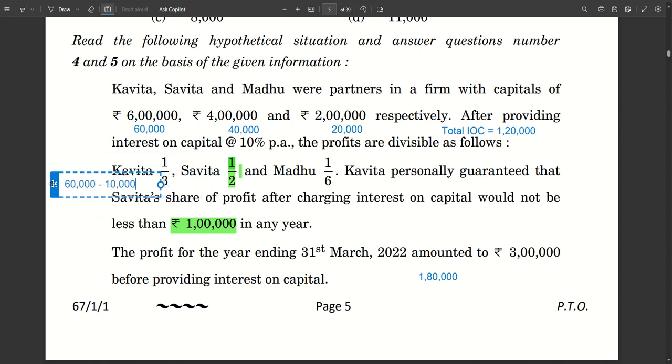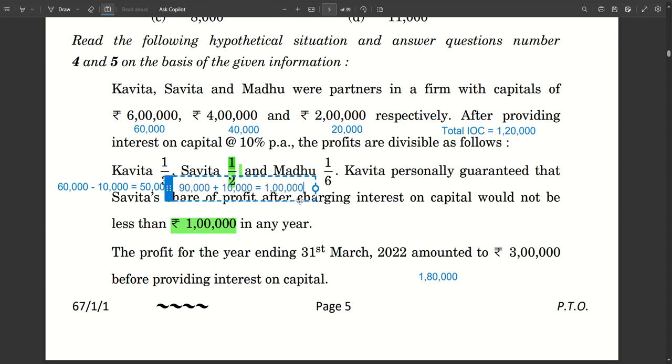So Kavita's share after bearing the deficiency is 50,000. Savita is getting 90,000 plus 10,000, so Savita's share is 1 lakh, straightforward.